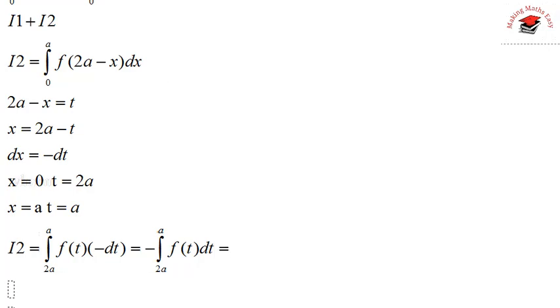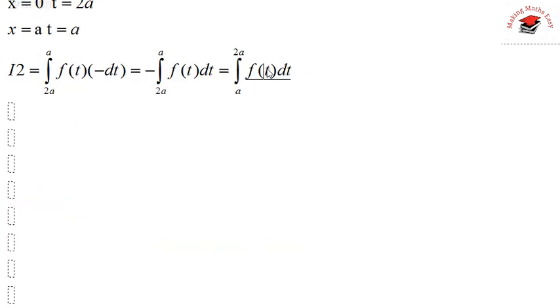So I am writing according to the property of definite integral. I am not writing the property, I am directly writing it. So integration of 2a to a f of t dt. So finally I got the value of I2, but it is in the form of t.